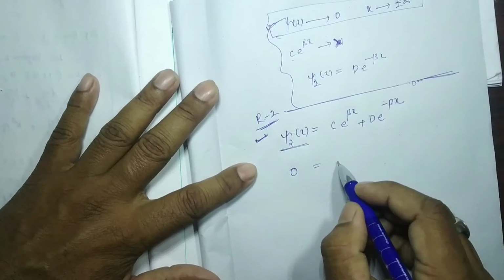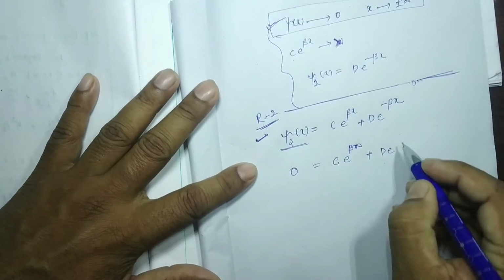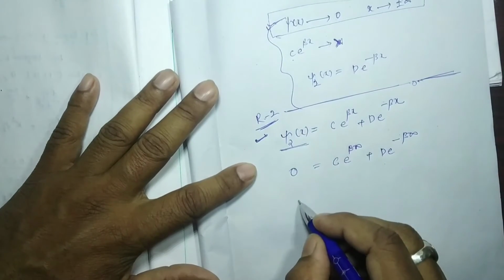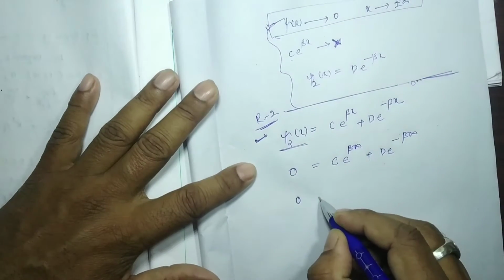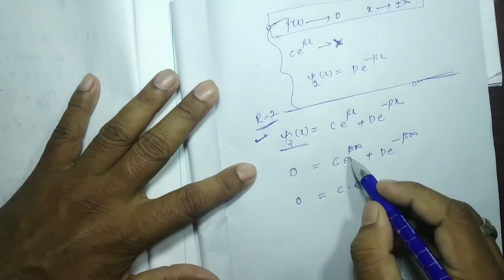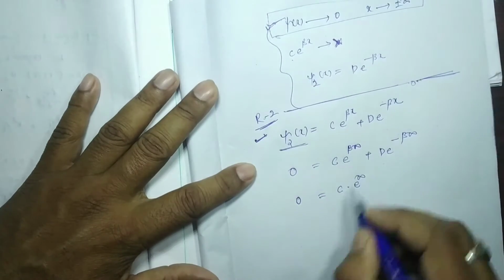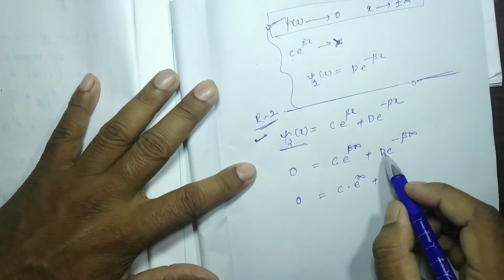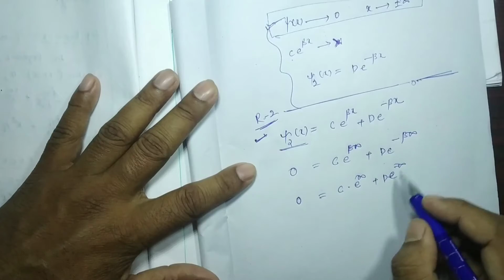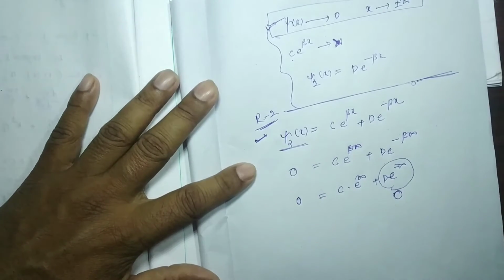That means I have to put C e to the power beta infinity plus d e to the power minus beta infinity equal to 0. Here e to the power minus infinity tends to 0, so we can put 0.